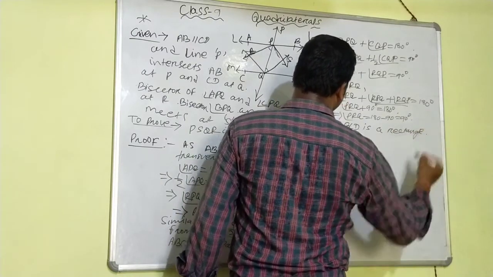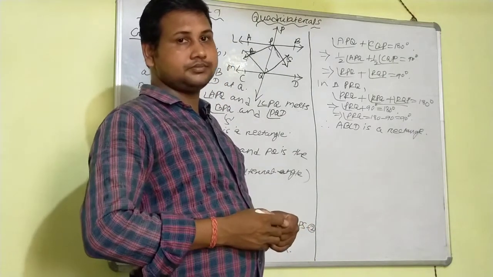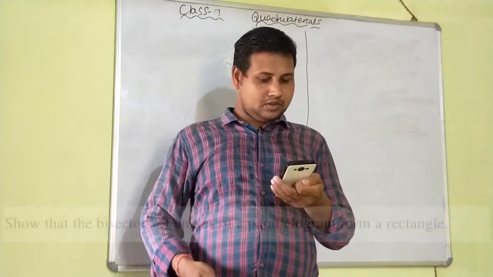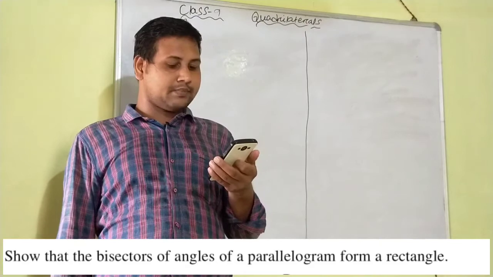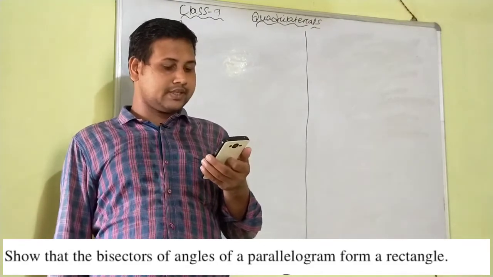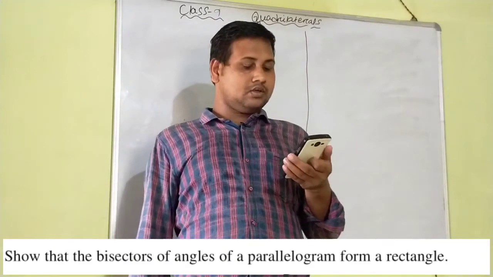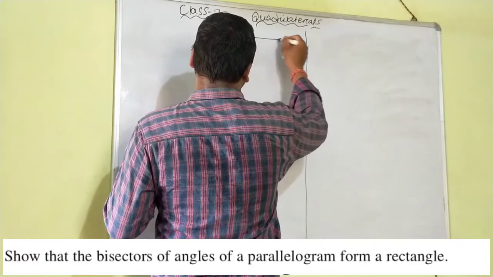Okay. Now we will discuss the next question. Here the question is given: show that the bisectors of angles of a parallelogram form a rectangle. So now we will draw the diagram.